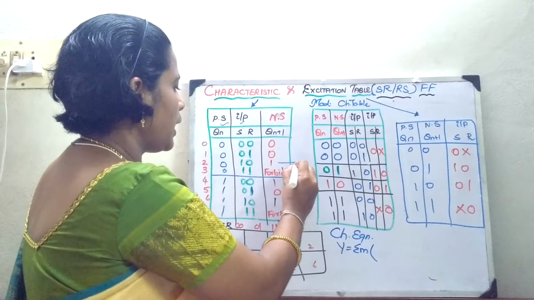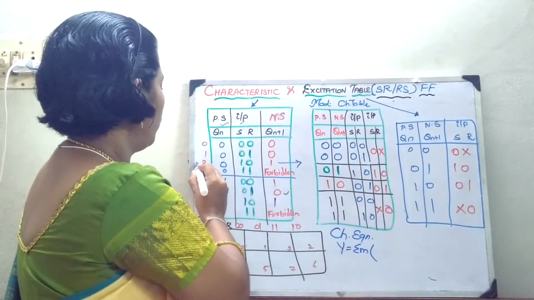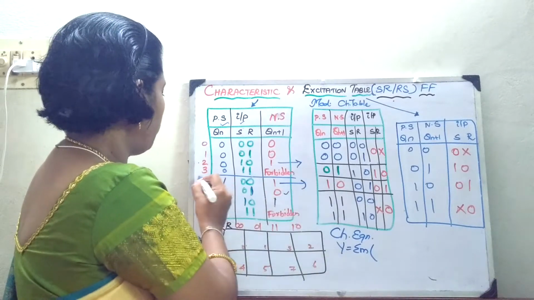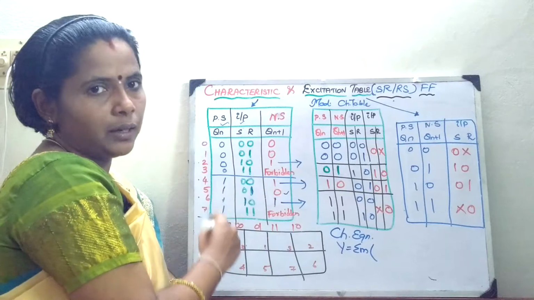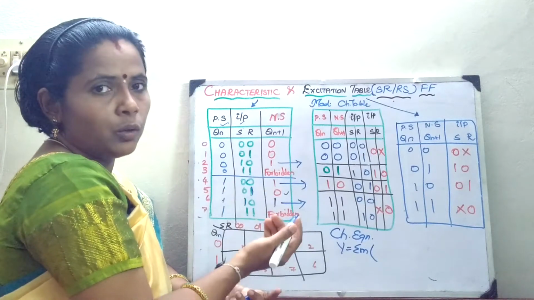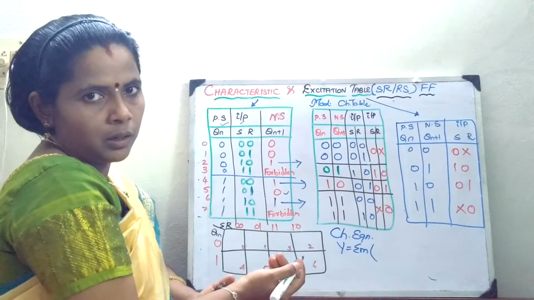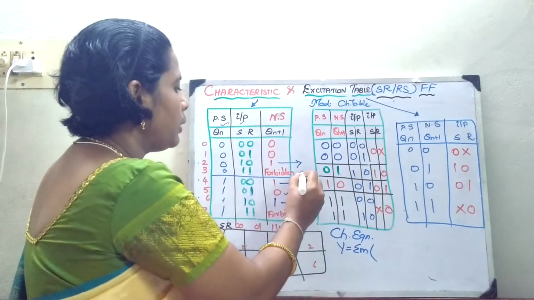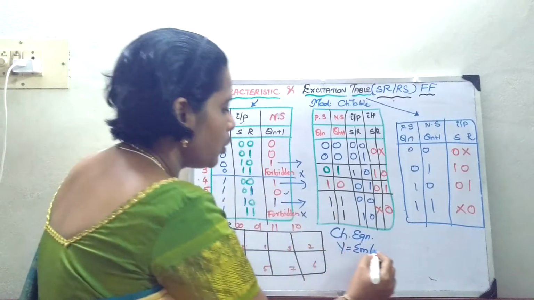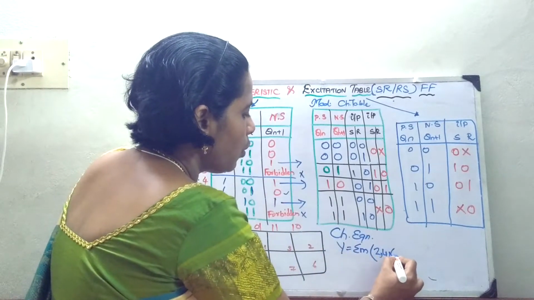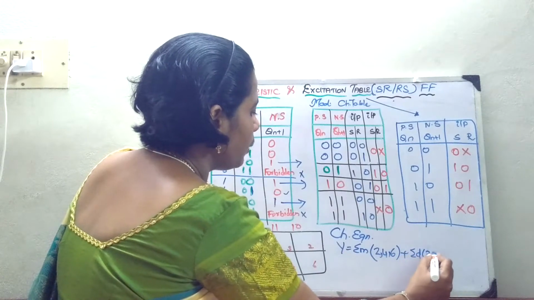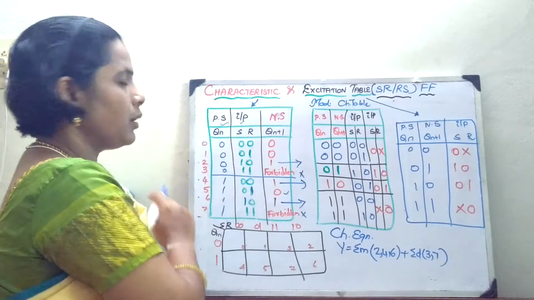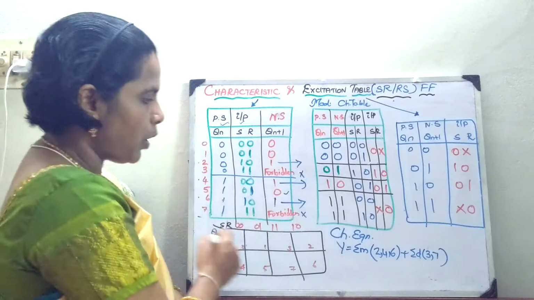Where are the places I have outputs? 2, 4, 6. The forbidden condition, you cannot know whether it is a 0 or 1, so I am taking it as a don't care. So, the expression is summation m of 2, 4, 6 plus summation d of 3, 7.